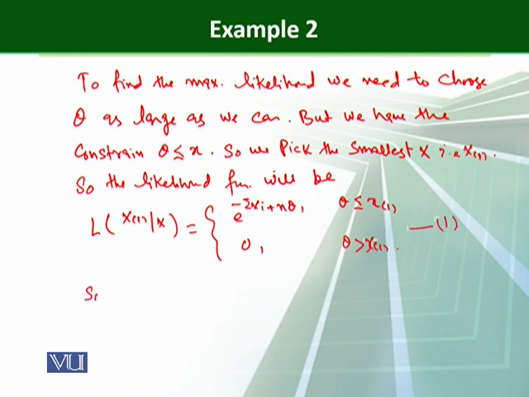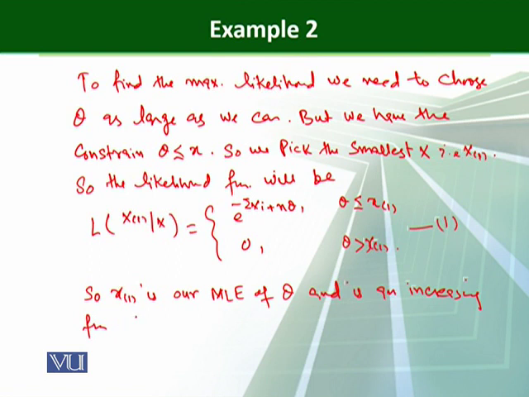So x1 is our maximum likelihood estimator of theta, and this is an increasing function in the range of minus infinity less than theta less than x1.